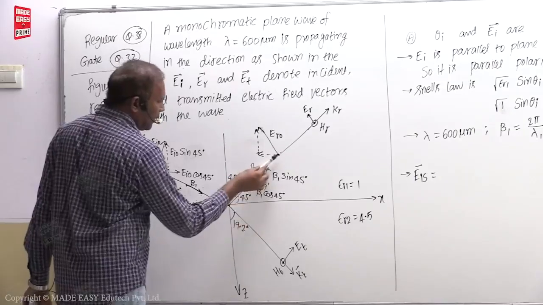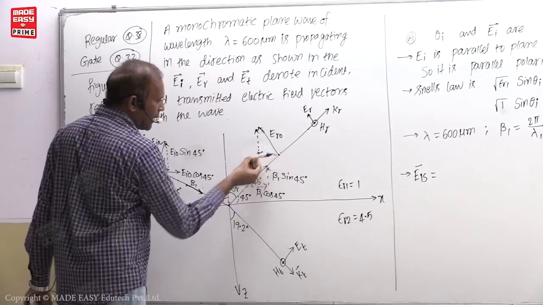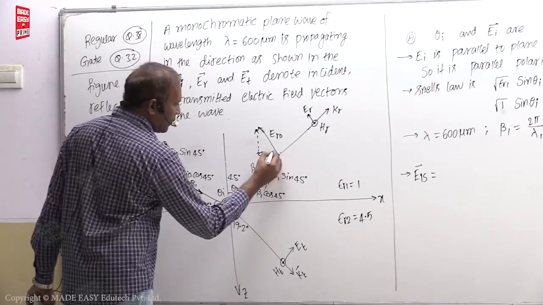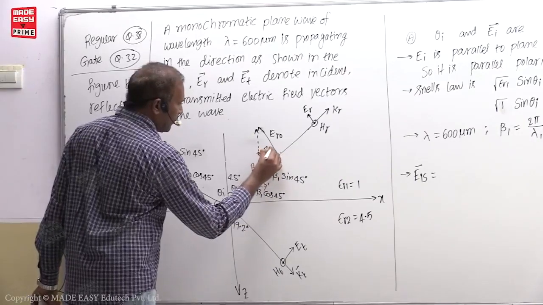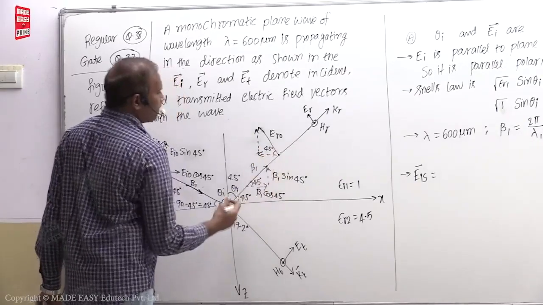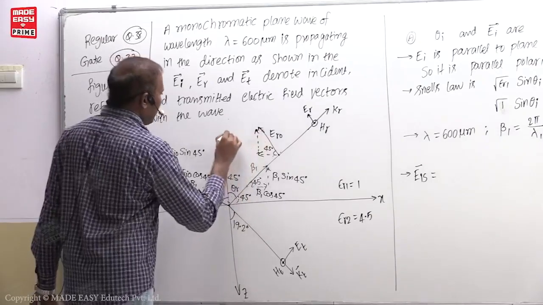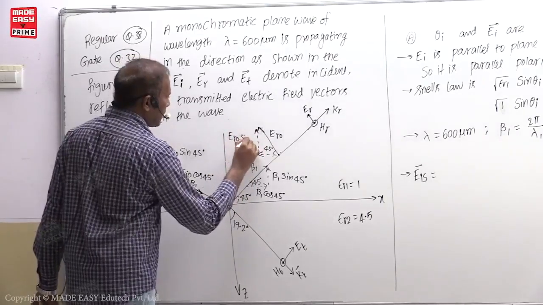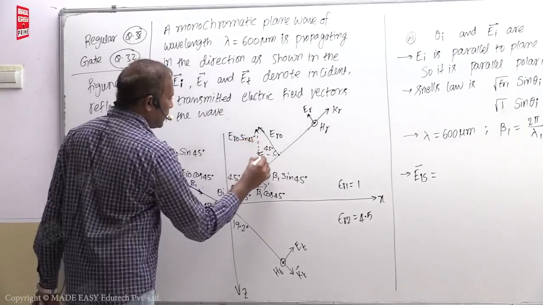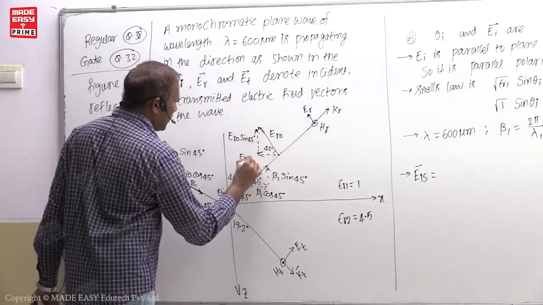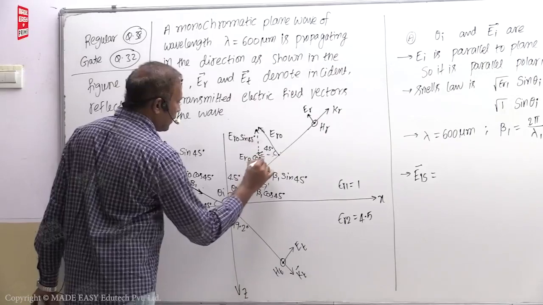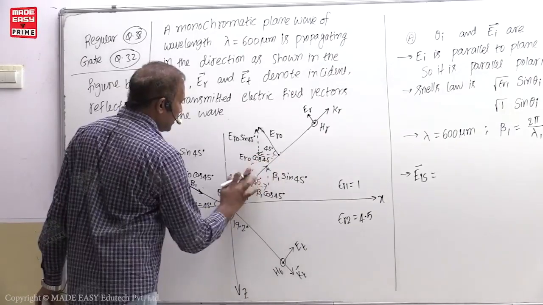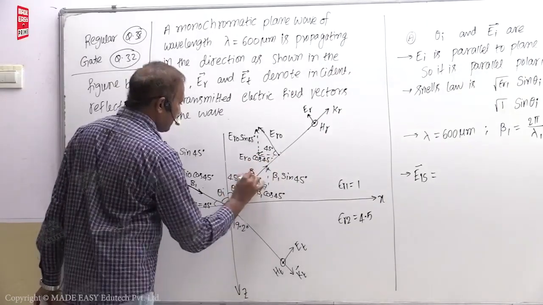Here, the angle between this wave and the horizontal line is 45. So this is 45 and this is also 45, because the total angle is 90. Now this one is ER0 into sine 45, and this one is ER0 into cos 45. This is beta 1.